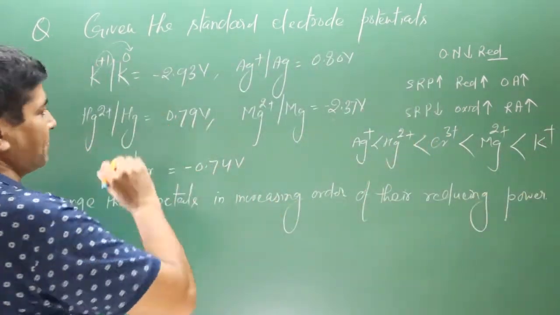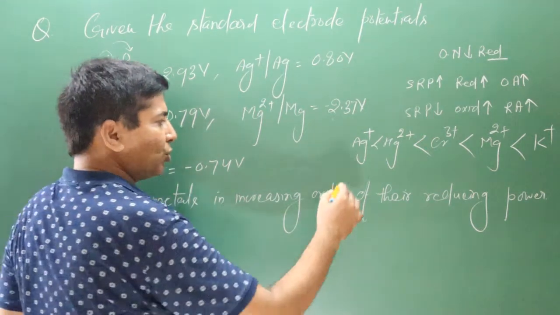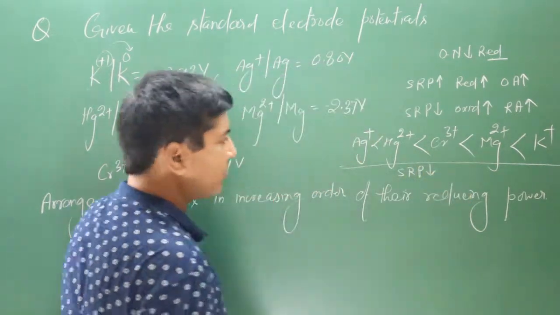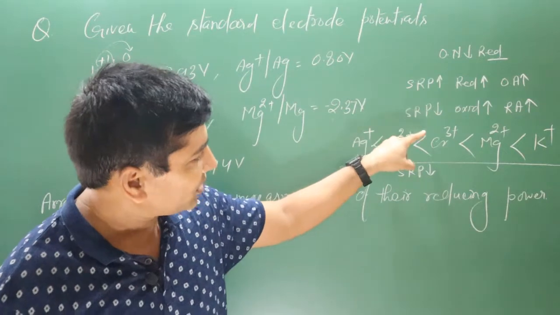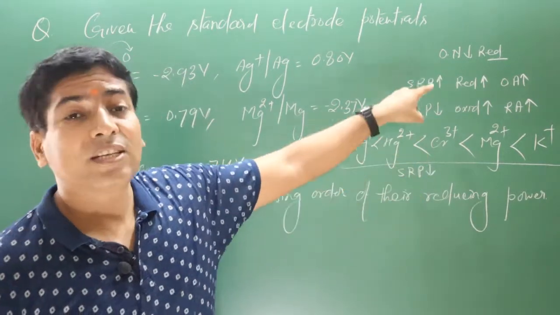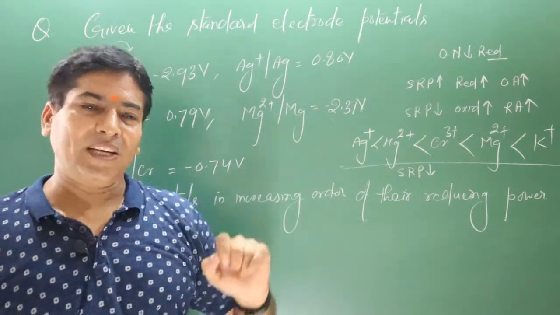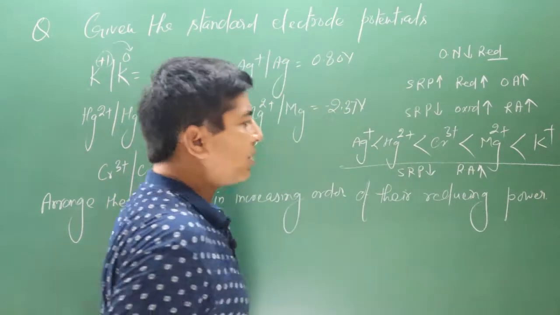You can see we have arranged these metal ions in the decreasing order of SRP value. SRP value is decreasing from left to right, and as SRP value decreases, their tendency to show oxidation reaction increases, and their tendency to act as a strong reducing agent increases. So their reducing power is increasing from left to right.